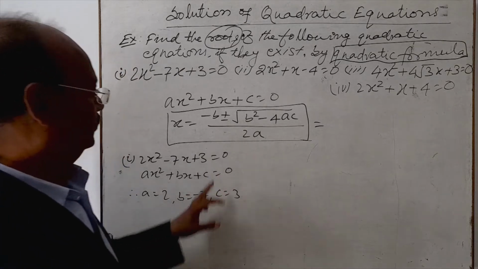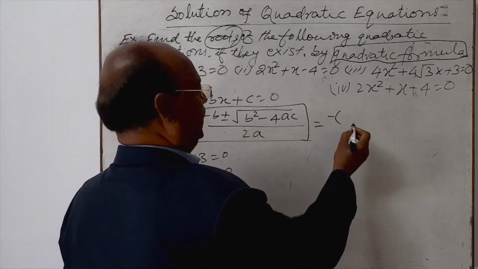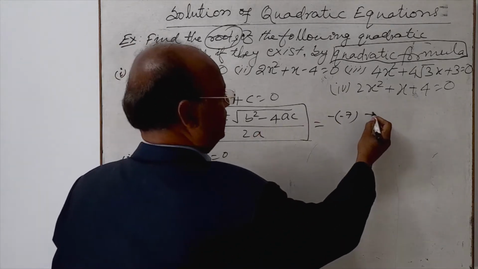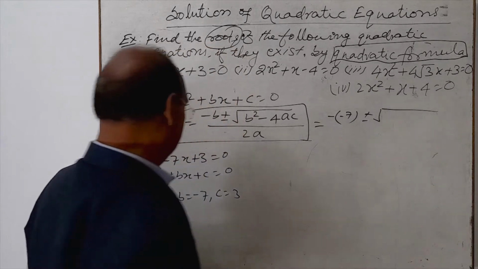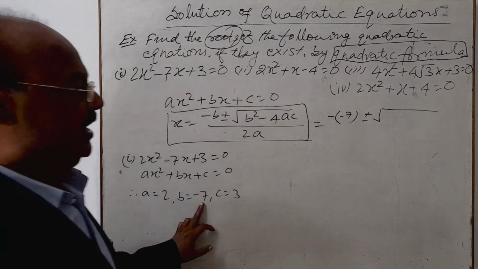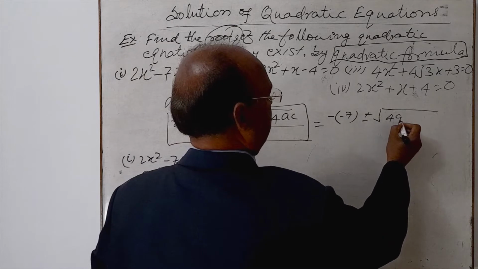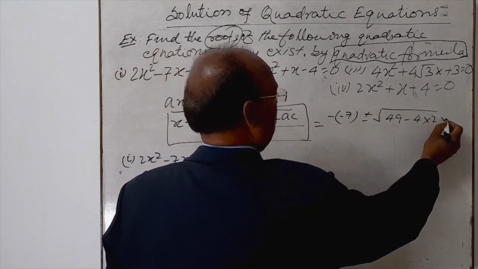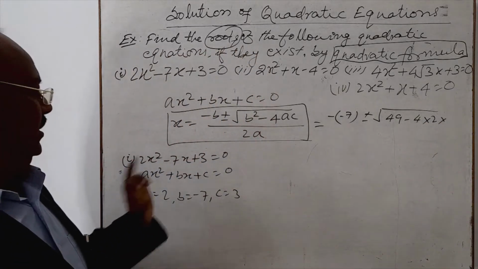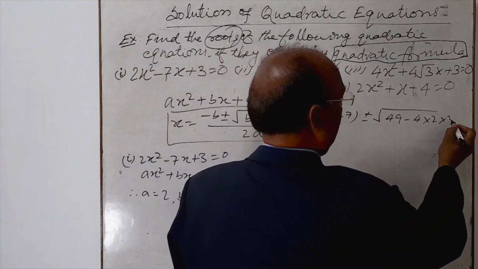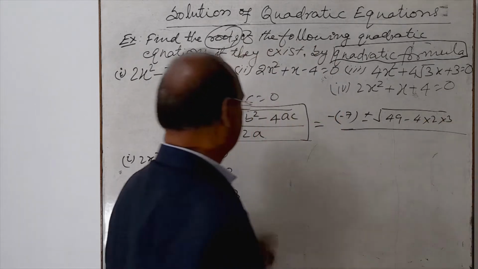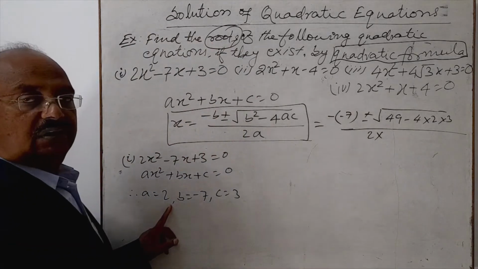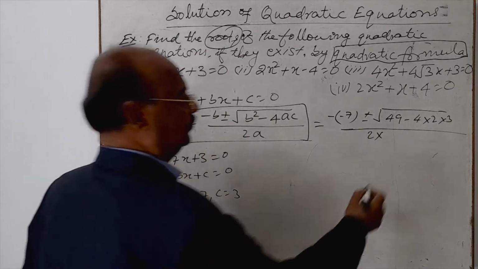So minus of b is minus 7, plus minus root over b square, meaning minus 7 square, that is 49, minus 4 into a into c. a is 2 and c is 3, divided by 2a. So 2 into, in place of a, you have to write 2.